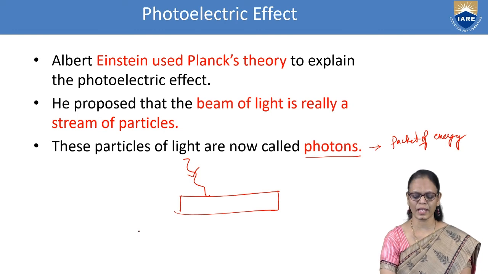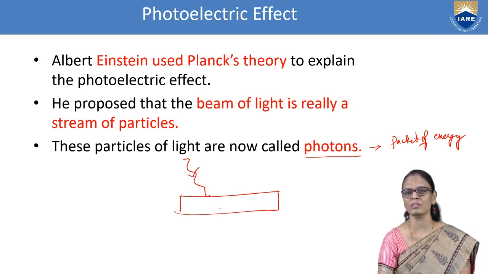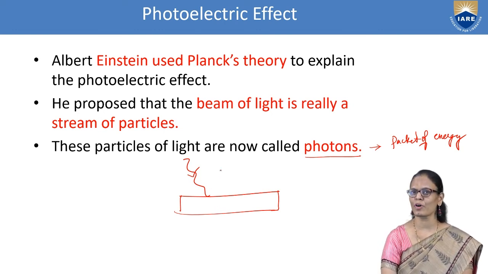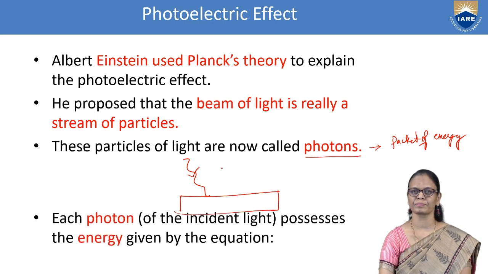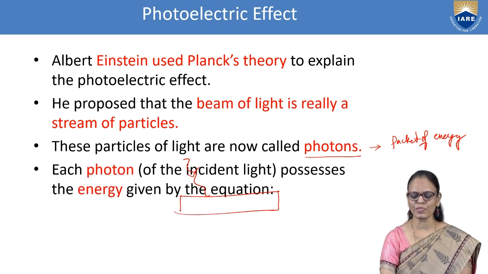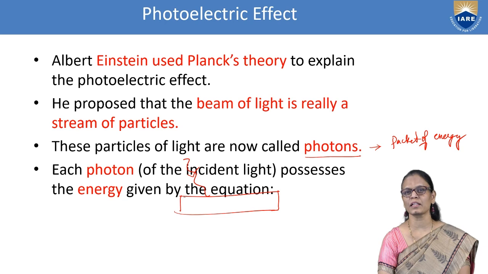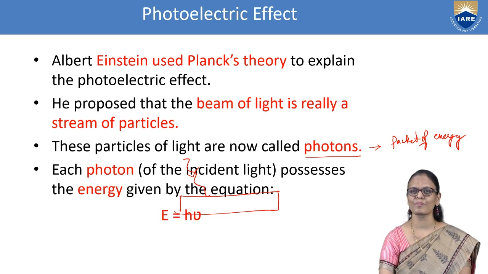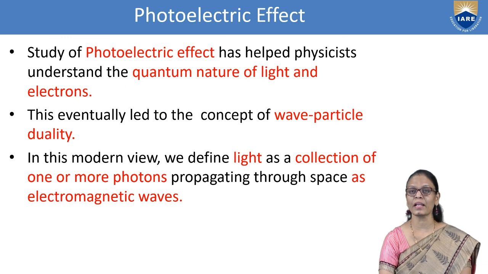So now we can say that light is incident on the metal surface in the form of photons. Each photon possesses the energy given by the equation E is equal to h nu, or E is equal to n h nu.